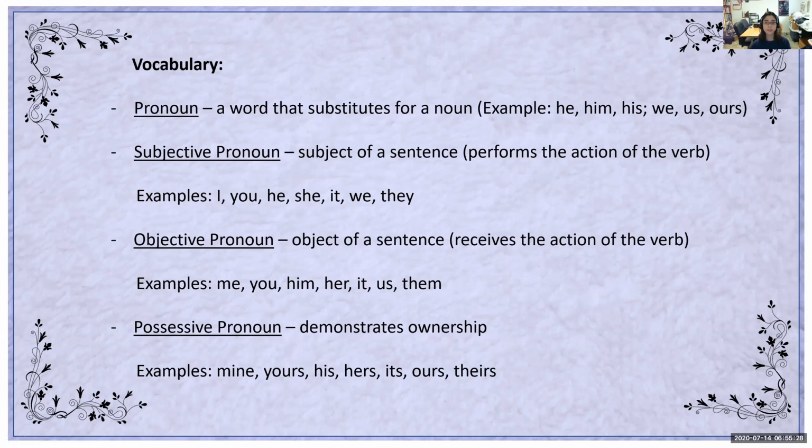It's going to receive the action of the verb. Then I gave some examples of that, which are things like me, you, him, her, it, us, them. Those are all objective pronouns. Then we talked about possessive pronouns, which demonstrate ownership, such as mine, yours, his, hers, its, ours, theirs. Those are all possessive pronouns.